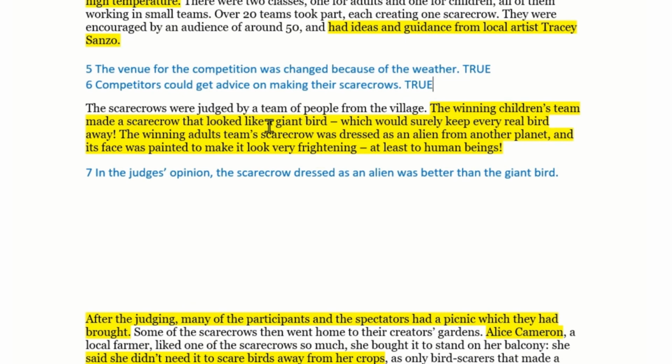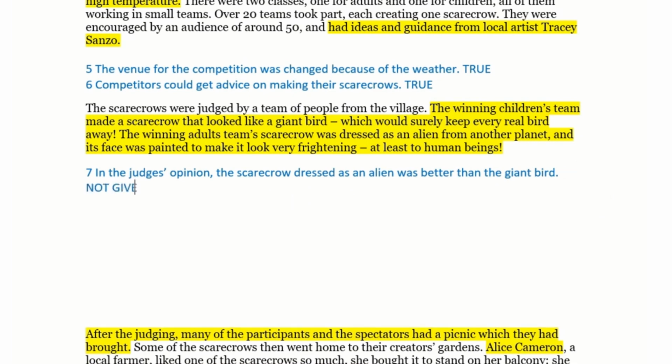So we've got a comment on both of those scarecrows, the one that looked like a giant bird and the one that looked like an alien. But there is nothing there to compare the two and to say that the one dressed as an alien was better than the giant bird, or that the giant bird was better than the alien. So again, that one is not given.